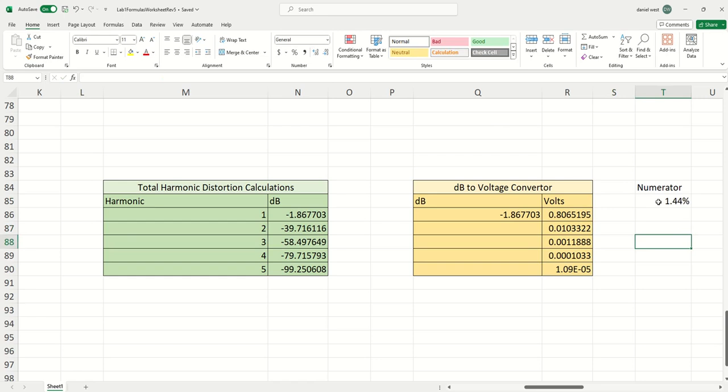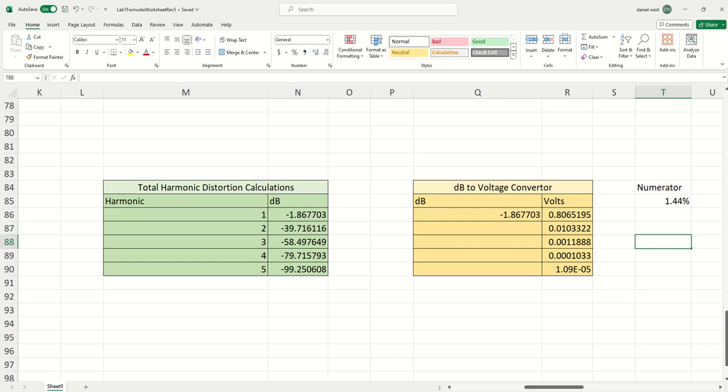So it would be 1.44%, which is a little different than what we got on the linear chart. The linear chart we got 1.28%, and on the decibel chart we got 1.44%.